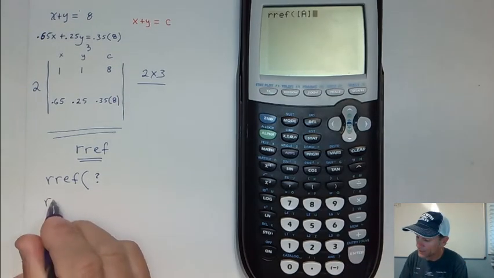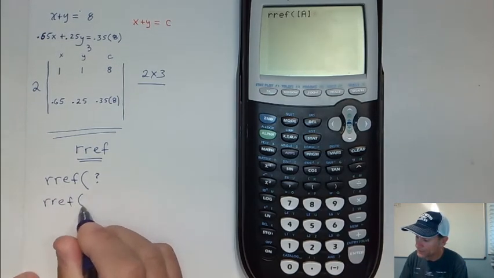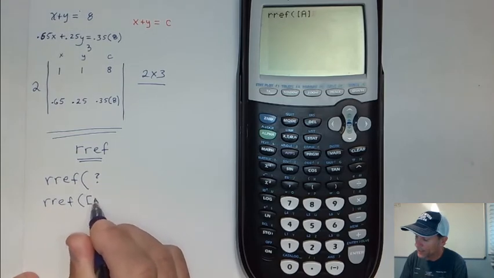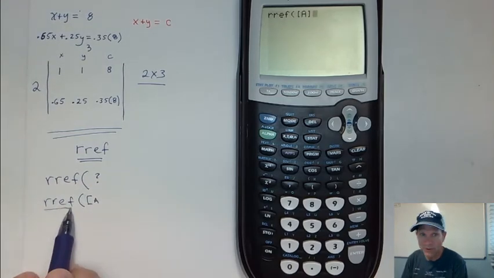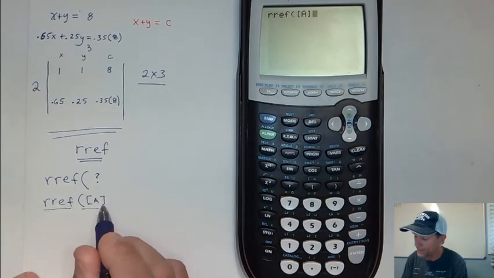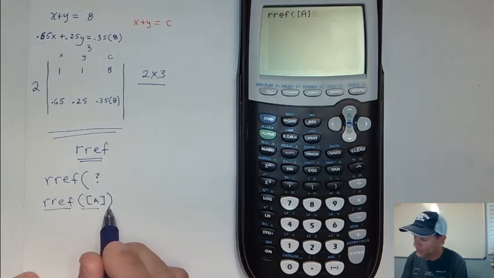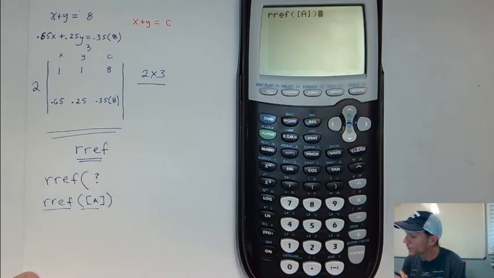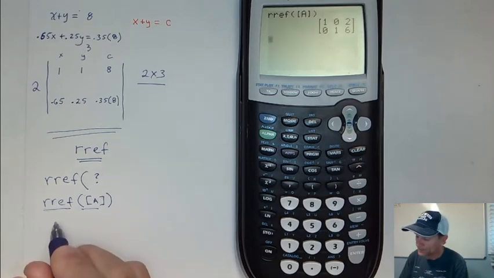Now the calculator understands this language of, hey, do reduced row echelon form on matrix A. You don't have to end the parenthesis, but I am going to end the parenthesis here and hit enter.